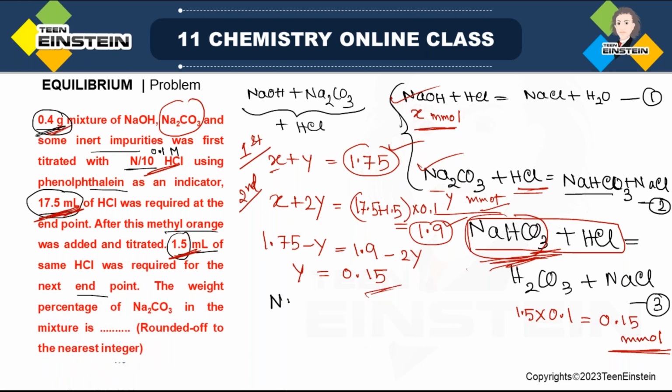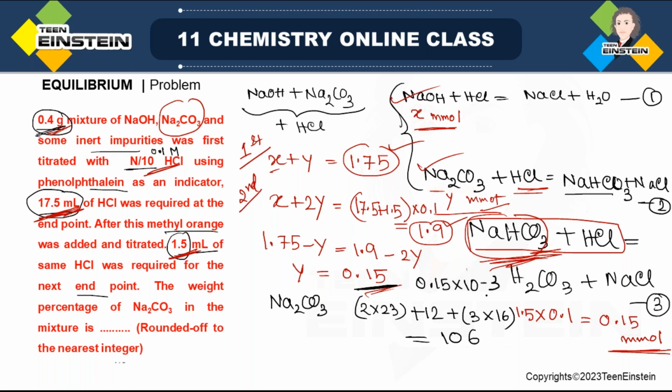Next step is you have to find out the molar mass of Na2CO3. Here we have 2 sodium, so 2 into 23 plus 1 carbon 12 plus 3 oxygen, 3 into 16. So you will get the value 106. Now this is the number of millimoles. So in terms of moles, it will be 0.15 into 10 to the power minus 3.